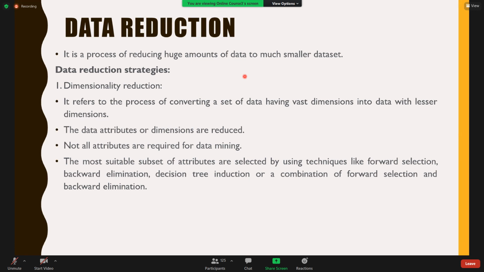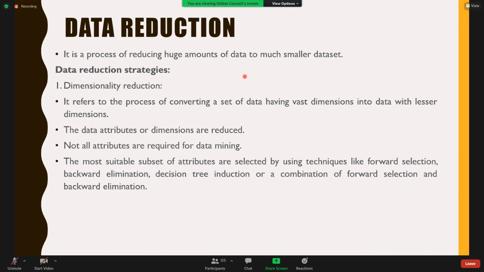Dimensionality reduction means you're reducing the number of dimensions. You're converting a data set with vast dimensions into a data set with fewer dimensions. A dimension can be an attribute or a group of attributes.